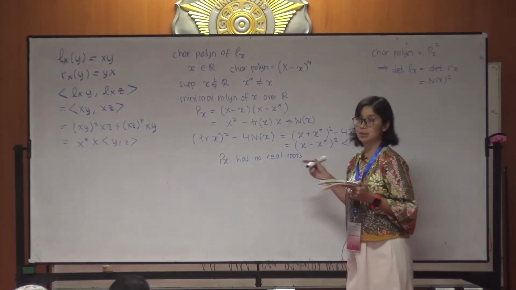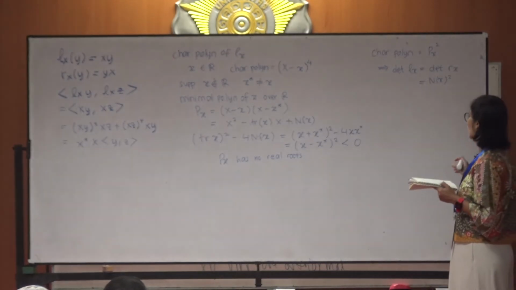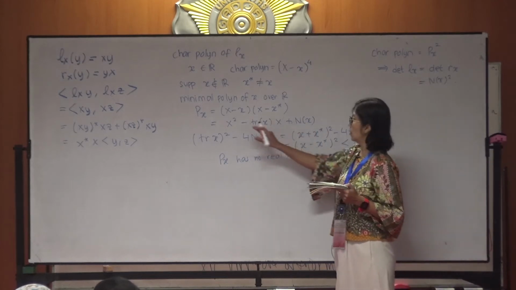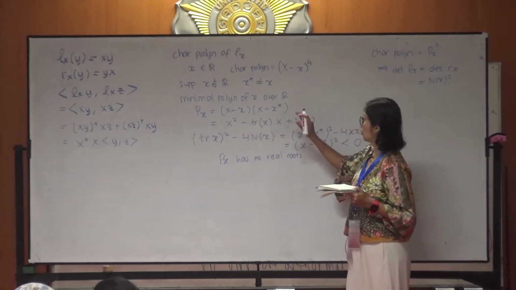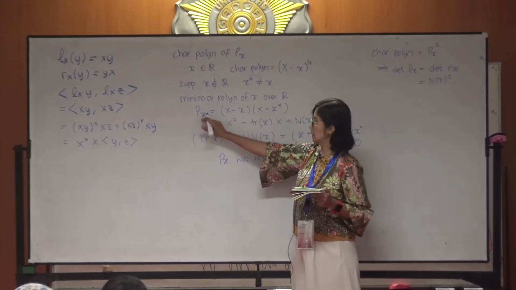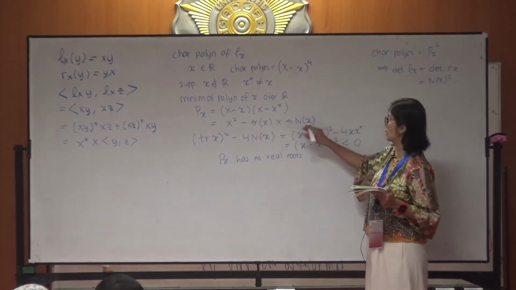For the detail of this, you can do it in the training session tomorrow. So anyway, what I want to mention is when the characteristic polynomial is this p_x squared, it means that the determinant will be this n(x) squared.